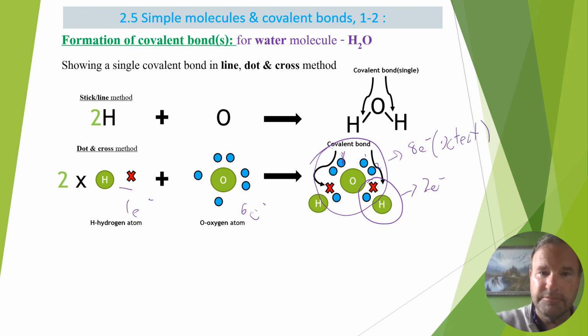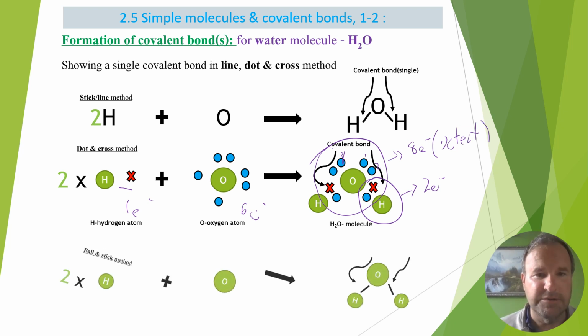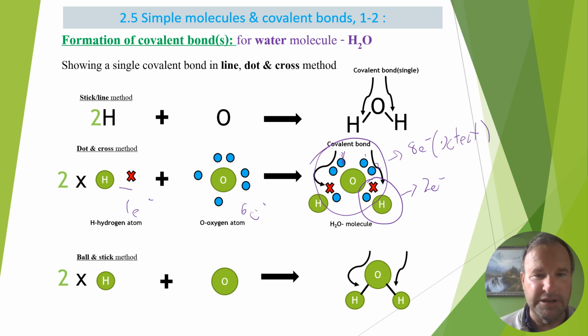Looking at the final diagram, just to show you, ball and stick method, there it is. You can see the 2 single covalent bonds formed between the oxygen and the hydrogen in the water molecule, the bent water molecule.